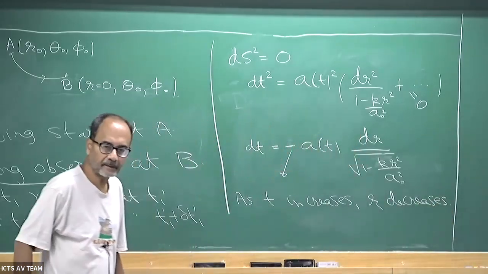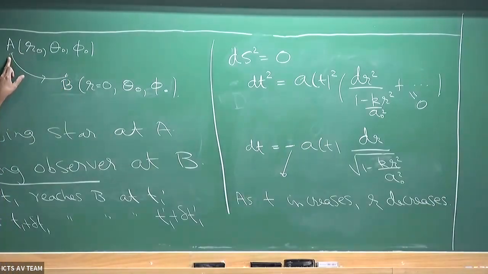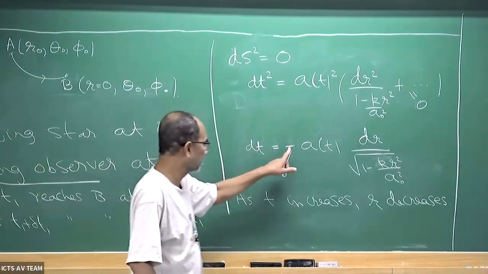It was just because of geometry, because we have taken the observer to be at r equal to 0 and the source to be at r non-zero. So as the light travels from source to observer, the value of r decreases. But of course, time will increase, everything moves forward in time. That's why I have chosen a minus sign here.